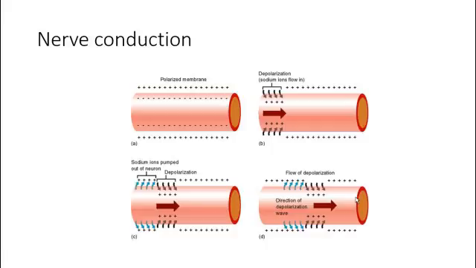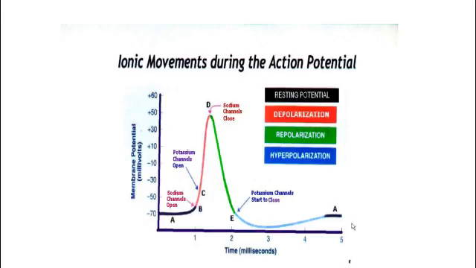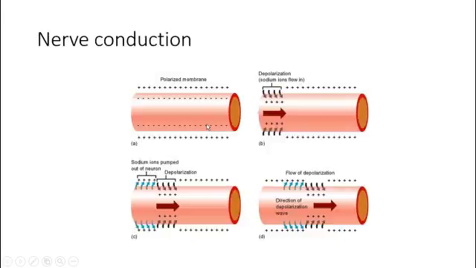So let's look at one more picture of that. Nope, this is it. So this is just showing you the flow of polarization or depolarization down. So again, let's look at this one. So depolarization is this, where the positive ions are flowing in, and that depolarization flows down or along the axon.